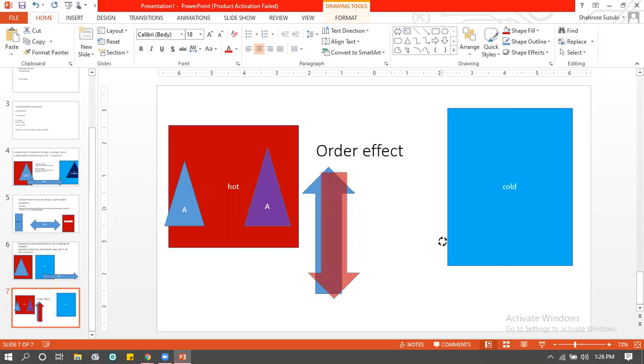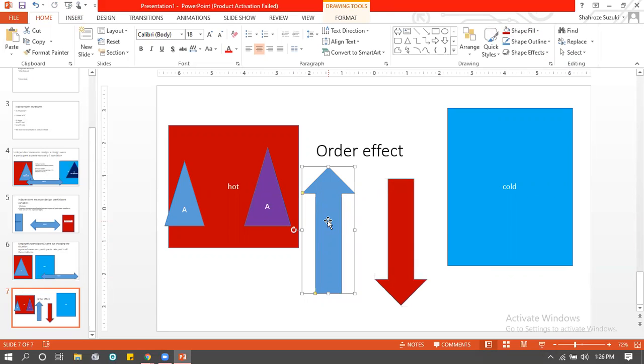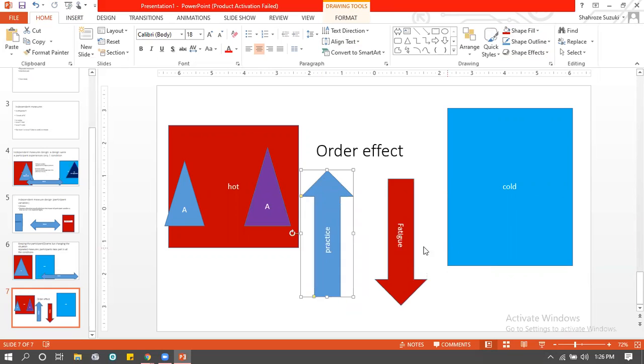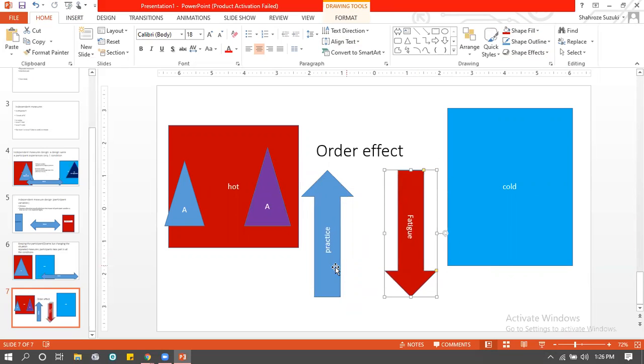The first order effect is known as the practice effect, and the second order effect is known as fatigue. They're two different order effects, subtypes of order effect.